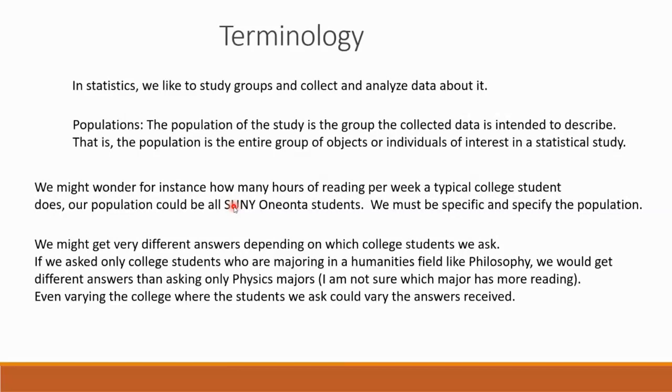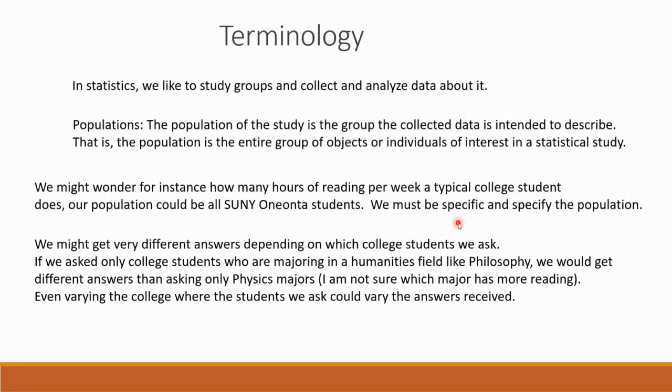And that's where the idea of sample comes into play. Generally, the idea with a sample, we'll see this on the next slide, is that a sample is really a smaller subset of that population. So you're not going to study all of SUNY Oneonta students at once. Instead, you're going to look at a sub-collection of them, and that would be our sample.